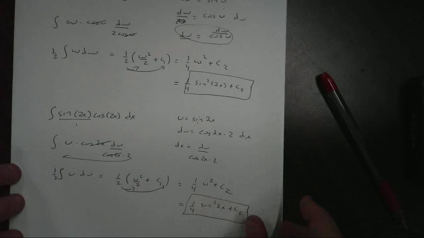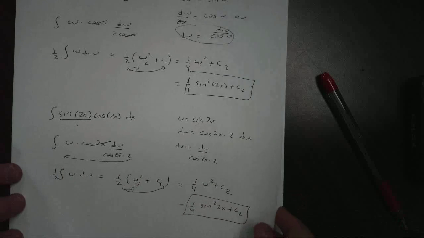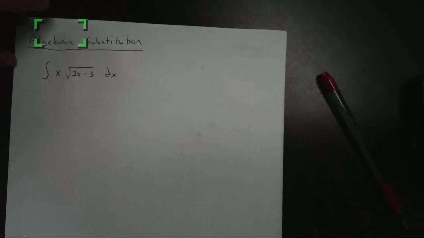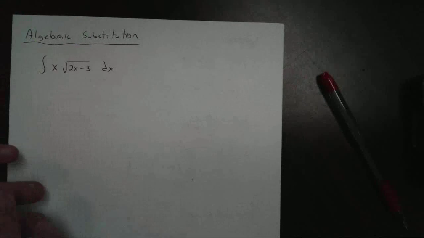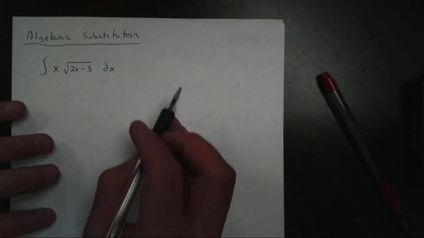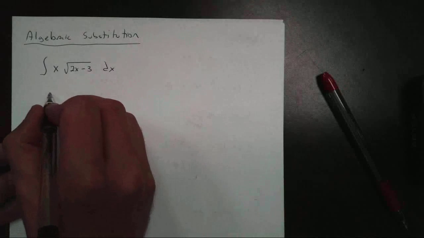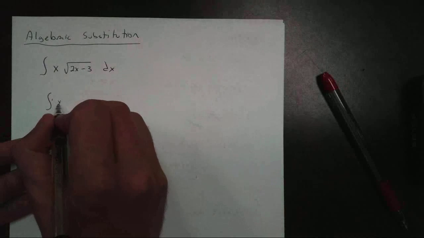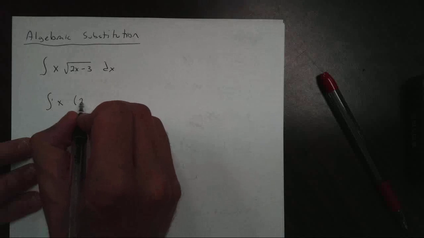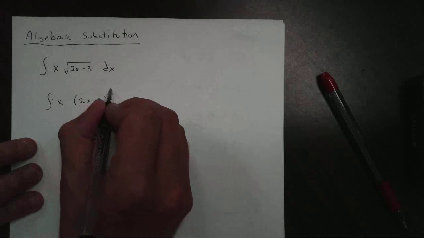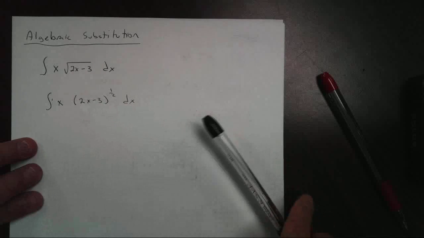Now, the last one I want to take a look at is U substitution's evil twin brother, algebraic substitution. Algebraic substitution works the same way. If I rewrite this, I get x times 2x minus 3 to the 1/2 dx.